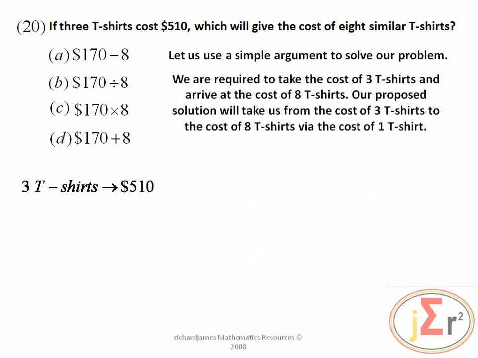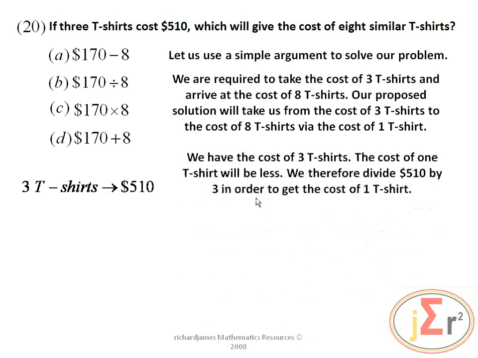We are required to take the cost of 3 t-shirts and arrive at the cost of 8 t-shirts. Our proposed solution will take us from the cost of 3 t-shirts to the cost of 8 t-shirts via the cost of 1 t-shirt. So we are going to say that 3 t-shirts cost $510.